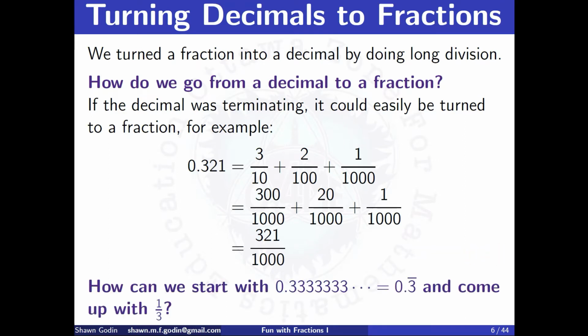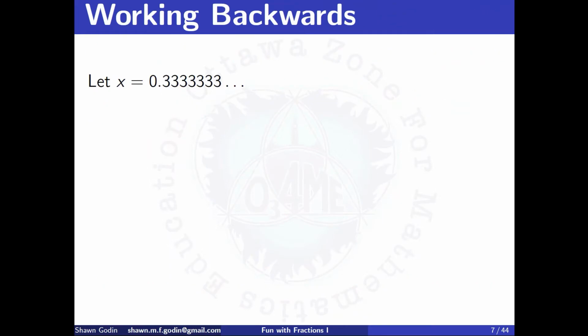Now what would happen if we actually started with 0.33333, 0.3 repeated, which we know is 1/3? How could we look at that thing and end up with a fraction? So let's work backwards. If we let x be this 0.333 repeated, one thing we'll notice is since this thing is periodic, if I do 10x, I get 3.333.